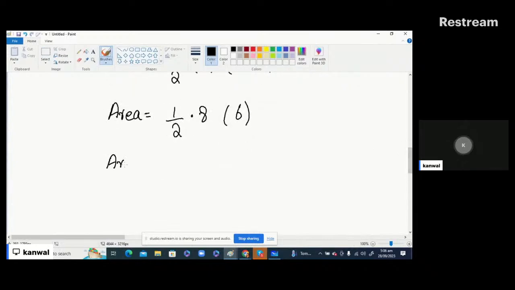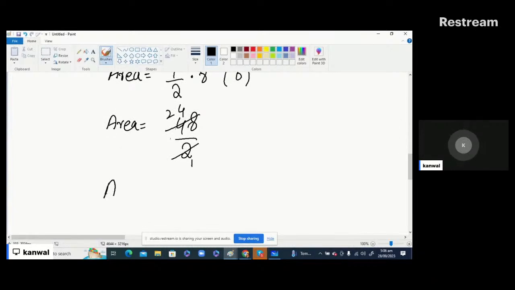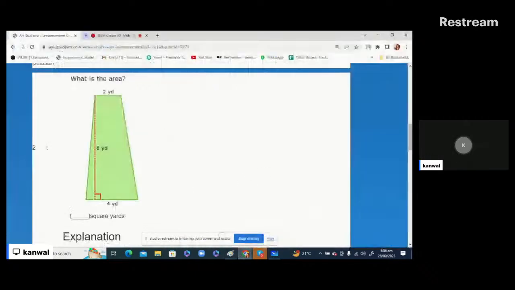Multiply the values: 8 times 6 is 48, over 2. Divide 48 by 2, that is 24. So what is the area? That is 24 square yards.